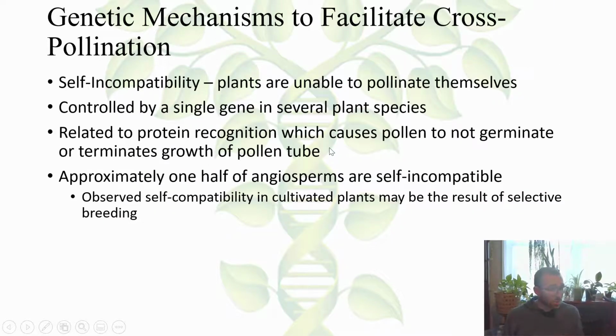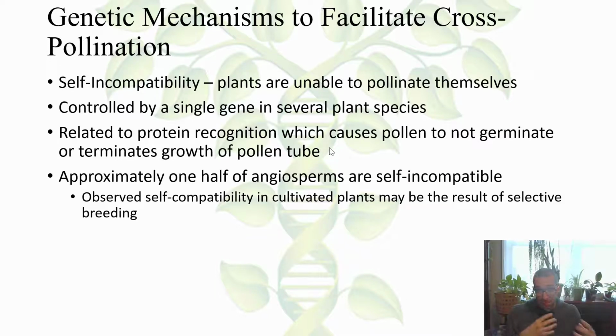Besides morphological mechanisms, we also have genetic mechanisms. Some of our plants are self-incompatible. Our Wisconsin Fast Plants that you guys are going to plant in the lab are self-incompatible. This is controlled by genetic mechanisms. There's a gene that these plants use, and they're able to identify a protein that they can recognize as themselves, right?